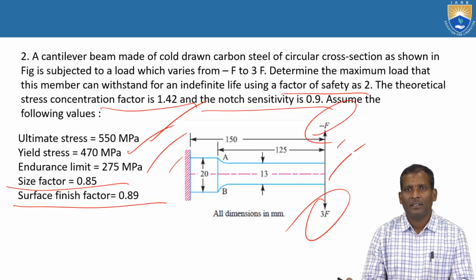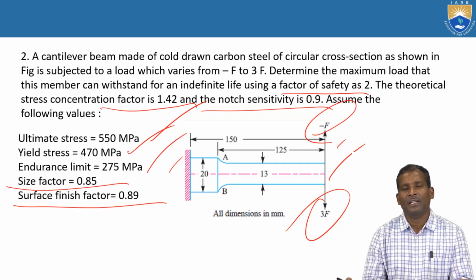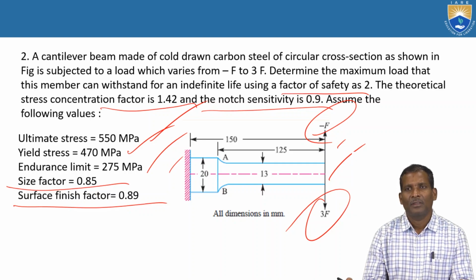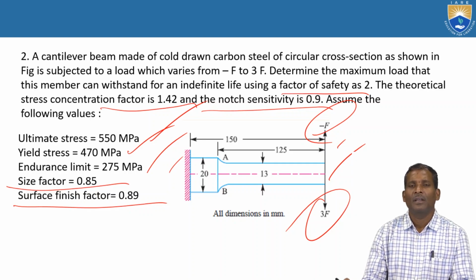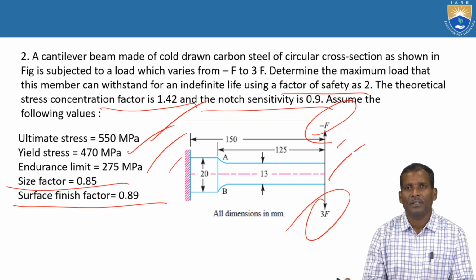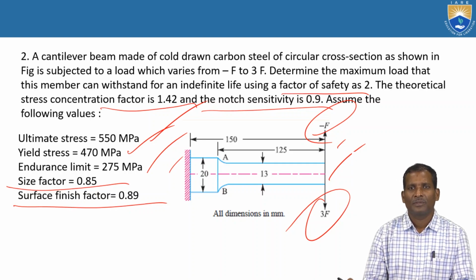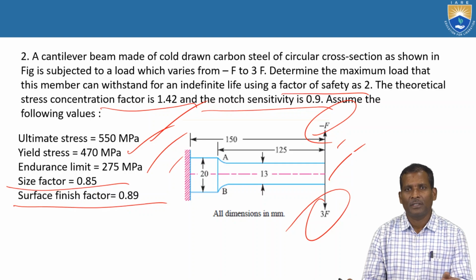And then the fatigue stress concentration factor, KF. Here only the theoretical stress concentration factor and notch sensitivity are available. You already know the relation between the theoretical stress concentration factor and fatigue stress concentration factor in terms of notch sensitivity. I will tell the equation in the next slide.